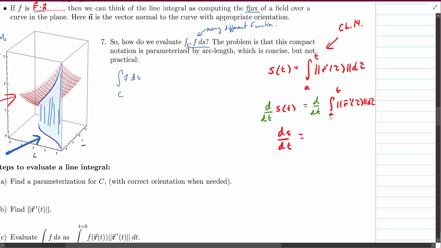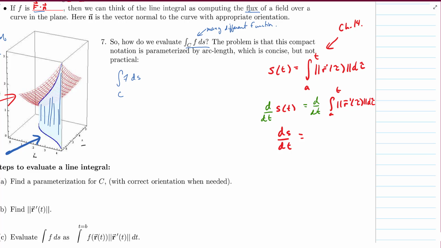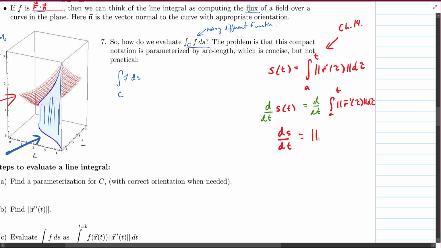If you go back and review the fundamental theorem of calculus part 1, it is this type of function, and it says if we want to differentiate it, we end up getting simply the integrand evaluated not at tau any longer, but at t.